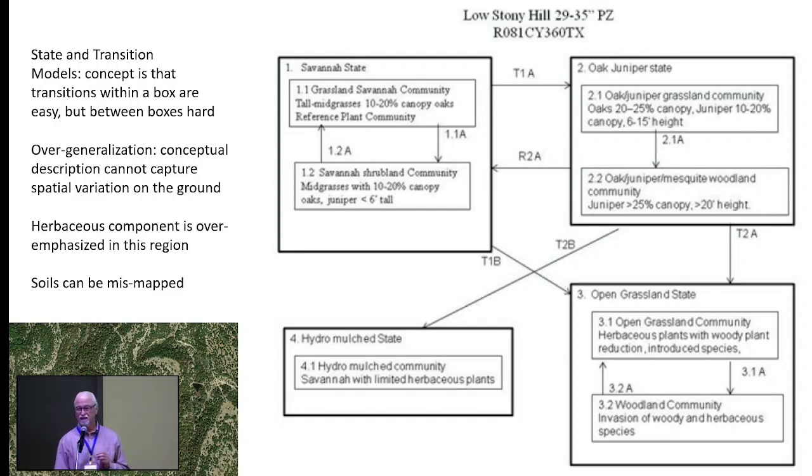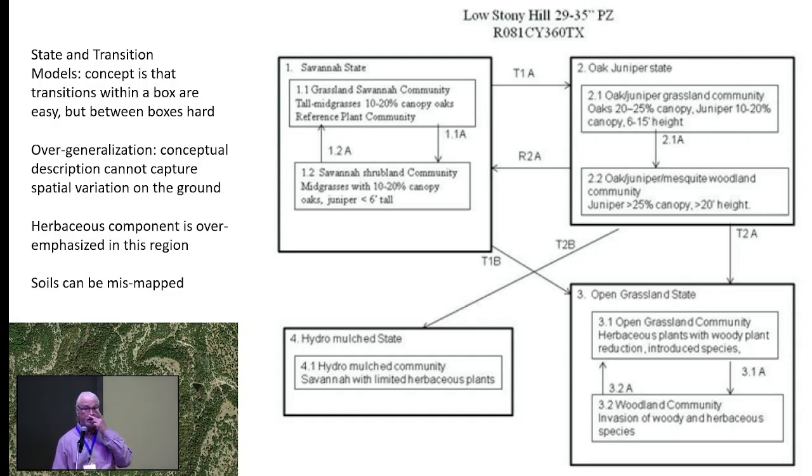And then there are also discrepancies in the overall mapping, inconsistencies by county. The other thing is, I think that the herbaceous component of the vegetation is overemphasized in the reference site here. I think parts of it were more wooded than is stated here. But anyway, the ecological site descriptions are there.